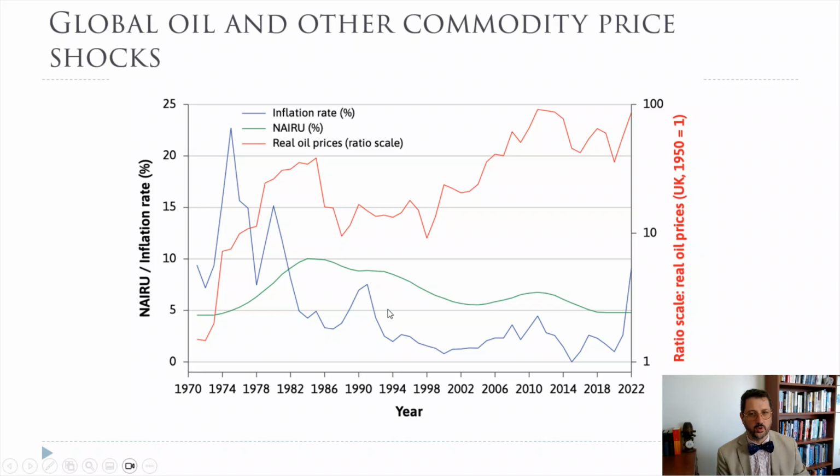But one thing to note is that we had a big increase in the price of oil in the 90s and 2000s, and we did not get that same increase in inflation. And part of the reason is that oil became less important in the economy, partly because the economy grew, partly because we found other energy sources, and partly because we became much more efficient in our use of oil. So oil is still an important piece of the economy, as is natural gas, but it's less important than it used to be.